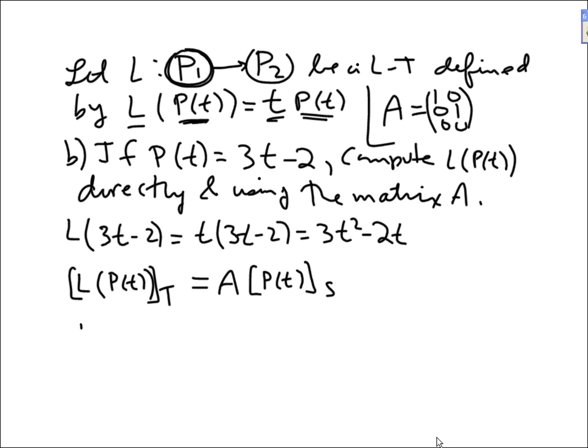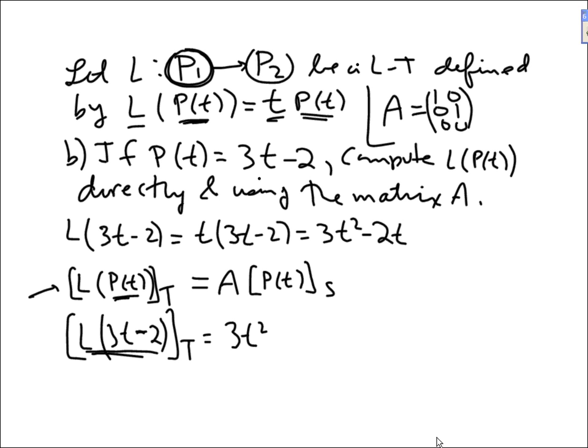Now, L of 3t minus 2, I'm just copying this, except P of t, we know. With respect to t, well, I know what L of 3t minus 2 is. It's 3t squared minus 2t.